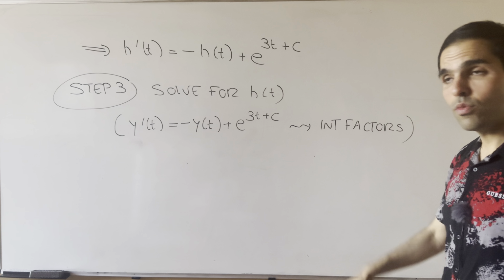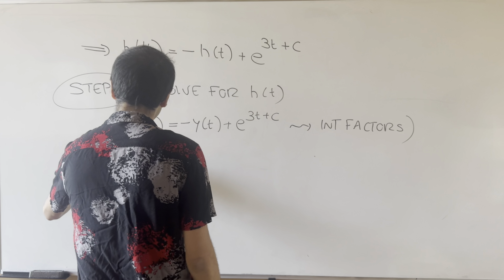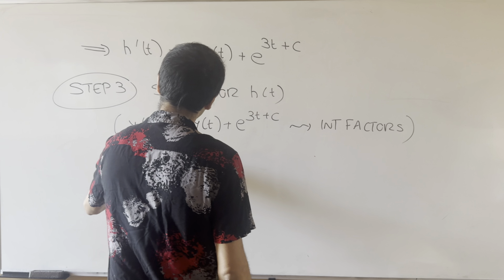So let's do that. We can rewrite the ODE in standard form: h'(t) plus h(t) is e^(3t+c). And in particular, the integrating factor is e to the integral of 1, which is e^t.